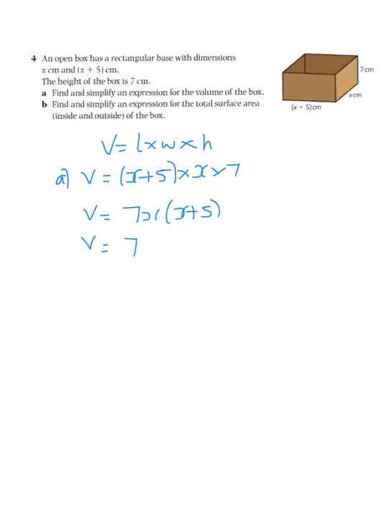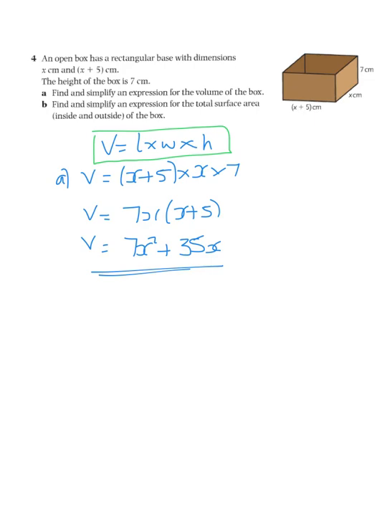So that would give me 7x squared plus 35x. So this is how you show all your working out. Look at what you're dealing with. Volume, rectangular box. First thing you should do, write down that formula and then substitute in what you know and work from there. It then says find and simplify an expression for the total surface area inside and out.